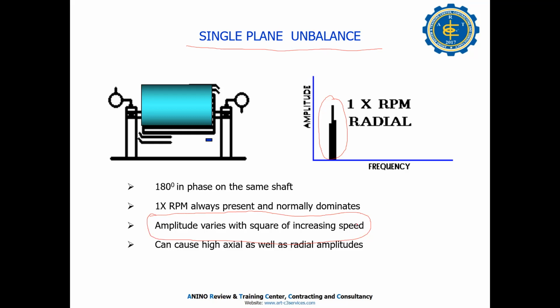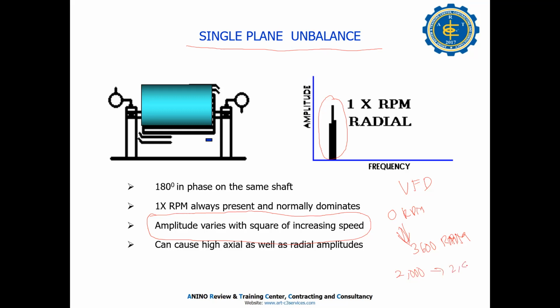So we can do this if your machine is a VFD, variable frequency drive, or a steam turbine, which runs from 0 RPM to 1,600 RPM. We can notice the unbalance because, for example, the speed now is 2,000.